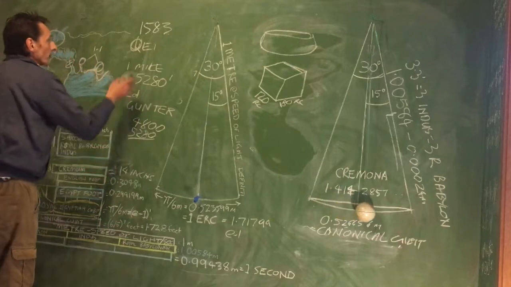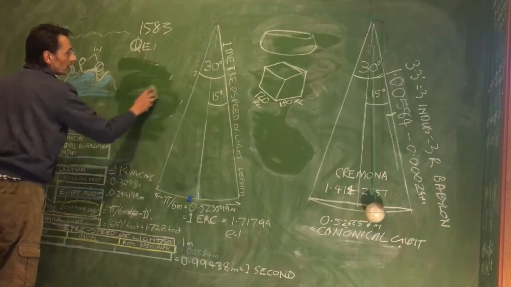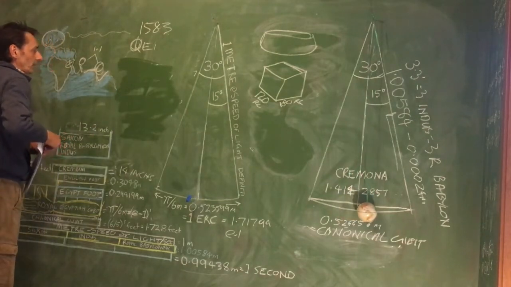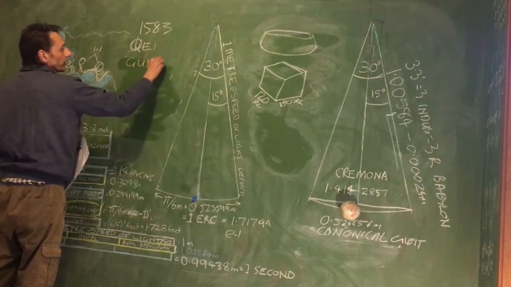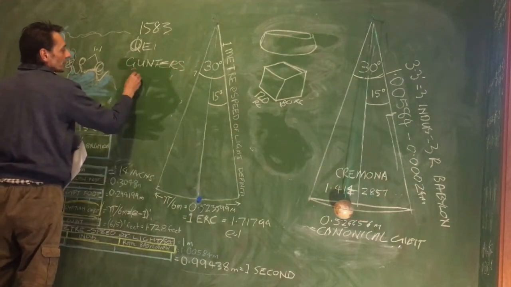But at the same time as all this was going on, right after Queen Elizabeth I and these measures were brought in, one of the important measures that Gunter brought in is still called the Gunter's chain, and it's a standard street width across the world. It's very important. A Gunter's chain, or a surveyor's chain.